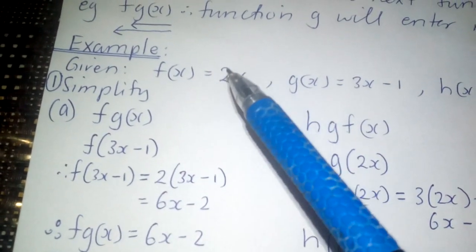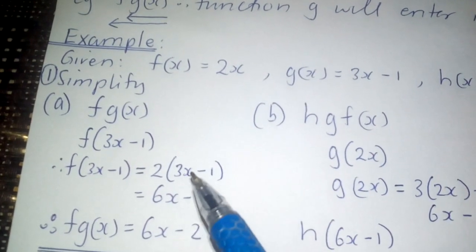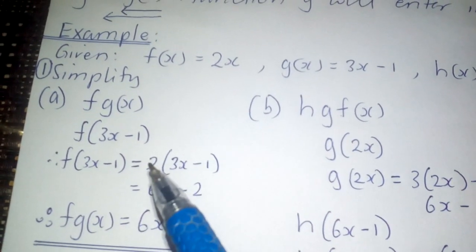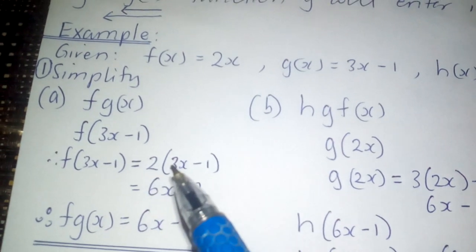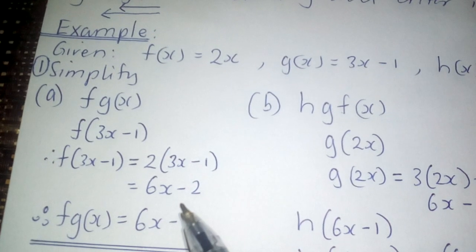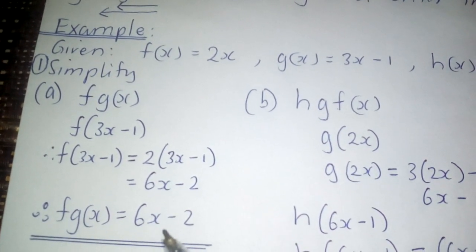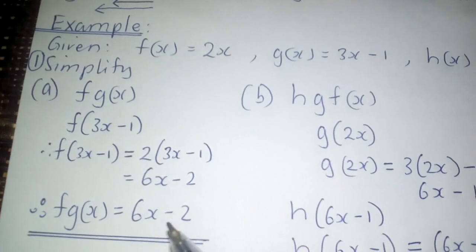Hence, even here, where there is x, I will replace with 3x minus 1. Then I will simplify by opening the bracket. 2 times 3 is 6. 2 times minus 1 is minus 2. And my combined function will be simplified as 6x minus 2.